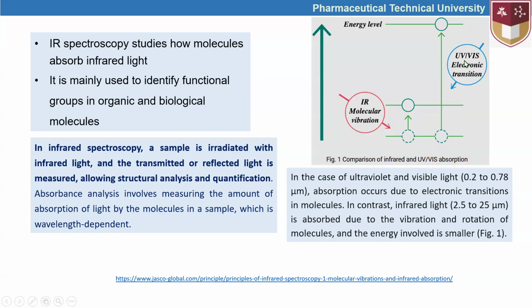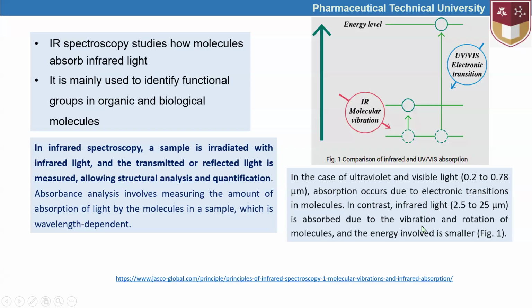Okay, differing from this, infrared irradiation causes molecular vibrations in different samples, in molecules. So in the case of ultraviolet and visible light, from 0.2 to 0.78 micrometer, or from 200 to 780 nanometer, the absorption occurs due to electronic transitions in molecules.